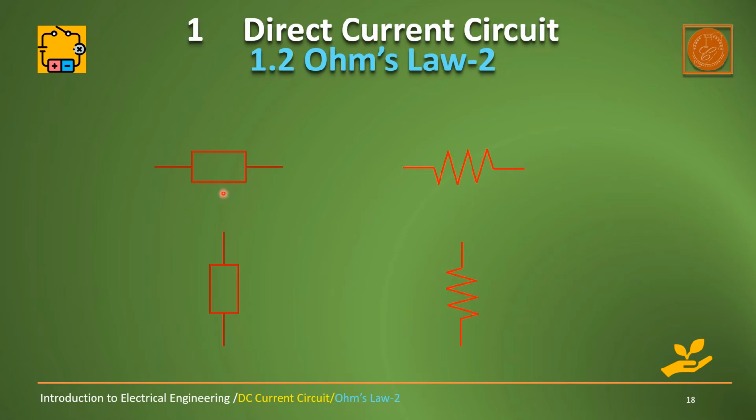So you will see the resistor in schematics either way: one showing a rectangle box with two legs, or the zigzag with two legs. They are the same, both showing resistors. Similarly, you can draw it horizontal or vertical, it is the same.